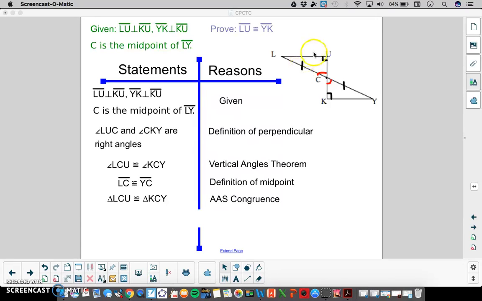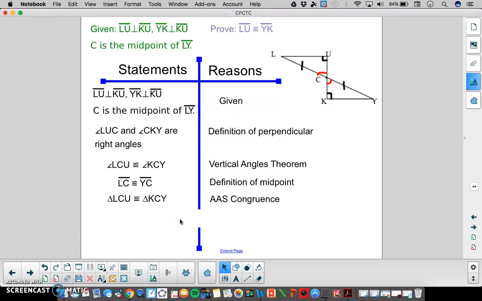Now that we know our two triangles are congruent, we then know all of the pieces are congruent. So those pieces that we were trying to show were congruent, LU and YK, are congruent by CPCTC. Corresponding parts of congruent triangles are congruent. I'd also like you to develop a flowchart proof for this proof, and I'll be checking those when we do our notes check.